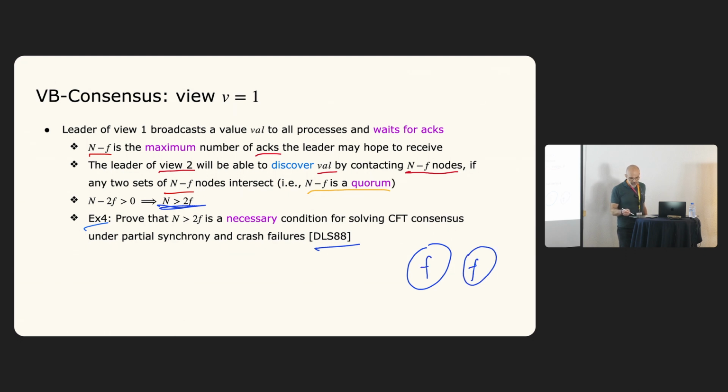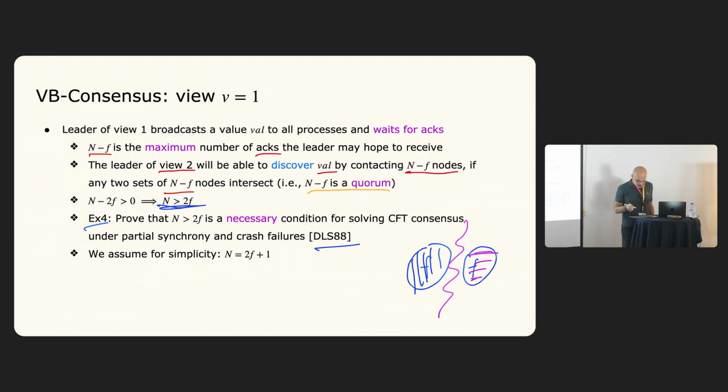And because I can only wait for n minus f, which in this case is going to be f, I can decide on something here and on something else here. Okay, so I can essentially create a disconnection like this. That's not a formal argument, but this is more or less how it goes, and you can try it yourself. It's a very good exercise, in my opinion.